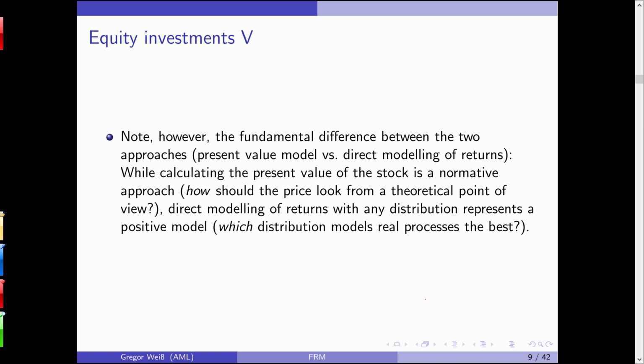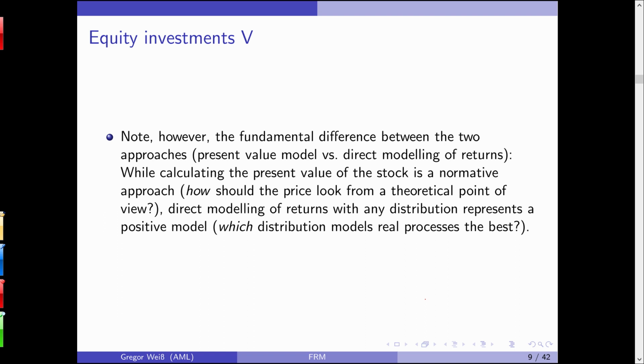You're explaining the process that results in a certain price. And this is a normative approach. You are trying to explain how prices are formed, which process is running this, which economic rationale is driving stock prices. For example, stock prices are high or low because every investor has certain beliefs about future dividends.